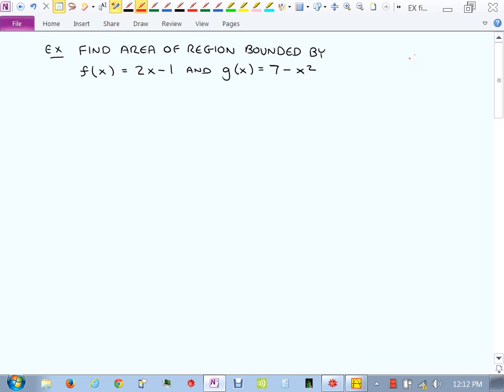But this is a line and a parabola. So I'm pretty sure, well, I know I should expect you could graph these, but maybe it's been a while. I don't know how comfortable you are with this stuff. So let's start off with a graph. Here are my x and y axis. How do I graph 2x minus 1?